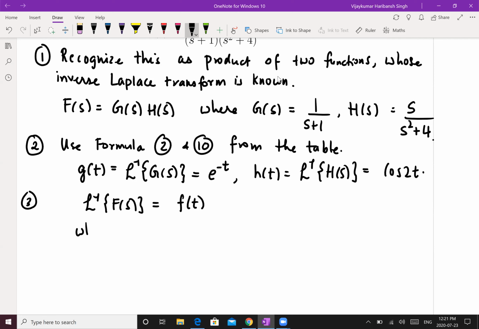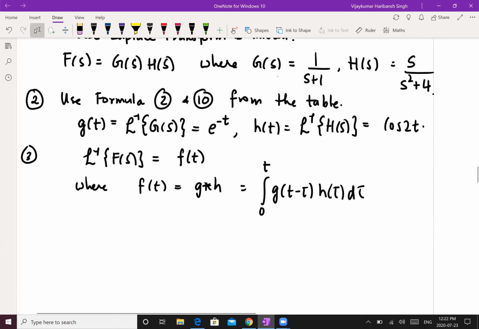where f of t is g star h or h star g, whichever one you think is simple enough to compute. So this is going to be the integral from 0 to t of g of t minus tau times h of tau d tau. This is going to be the integral from 0 to t of e to the power minus (t minus tau) cos of 2 tau d tau.